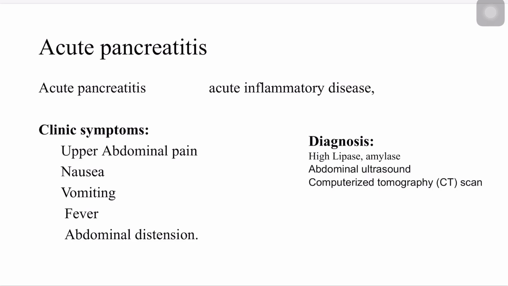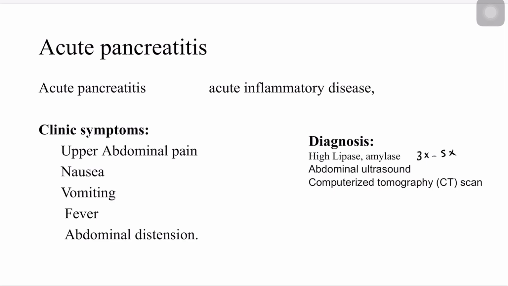And the best way which a physician can use for diagnosis is to check the amount of lipase or amylase. Usually in acute pancreatitis, both of them are high, 3 to 5 times or more.